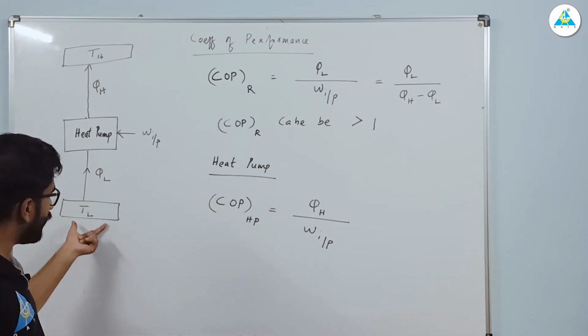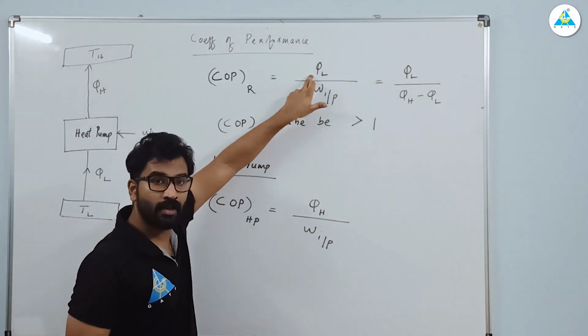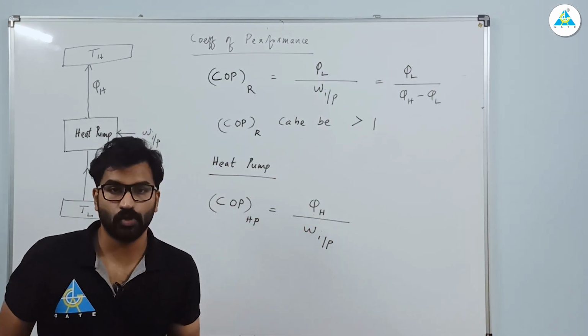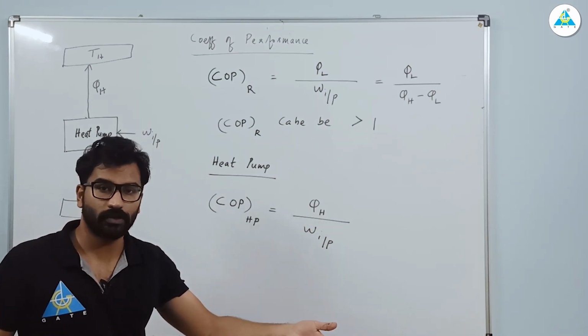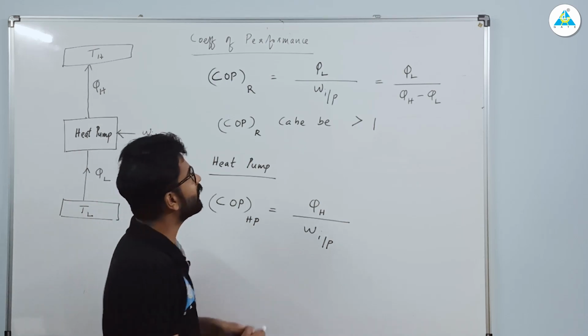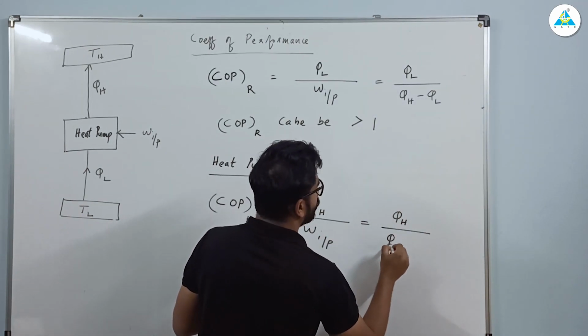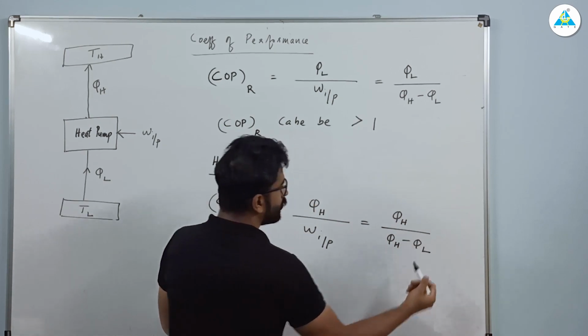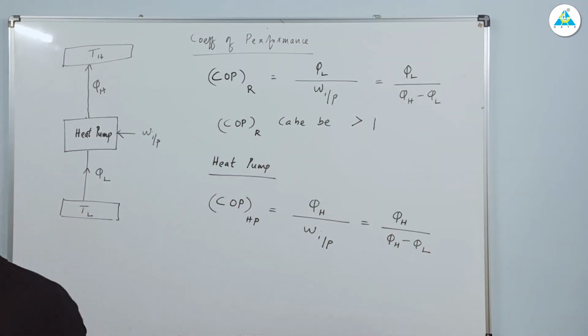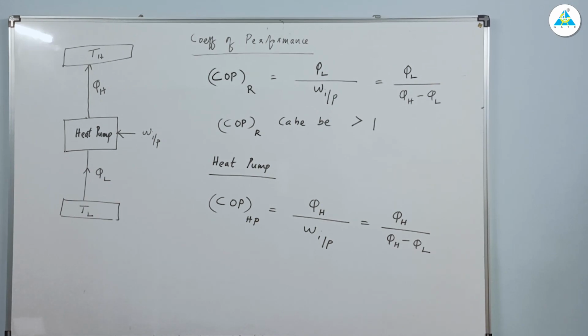For refrigerator our objective was QL, for heat pump your objective is QH, because we want to heat the room, not cool the room. Clear? So with work input, you can write the equation, so you will have QH divided by QH minus QL. Is it okay? So complete both block diagrams and complete both COP equations.